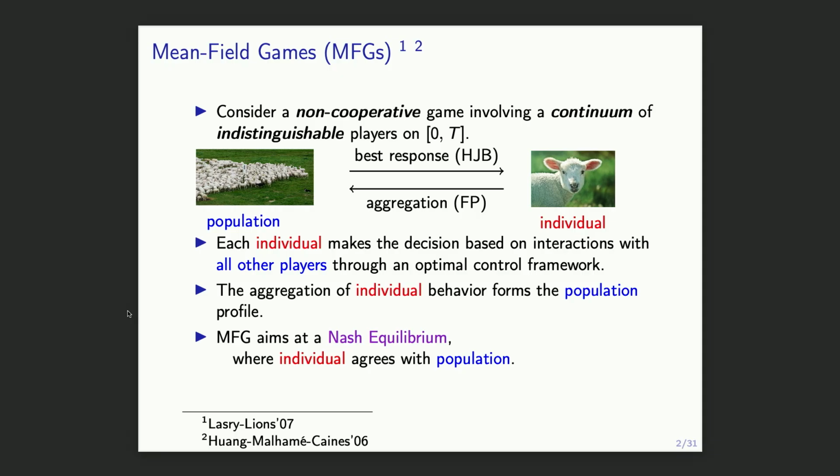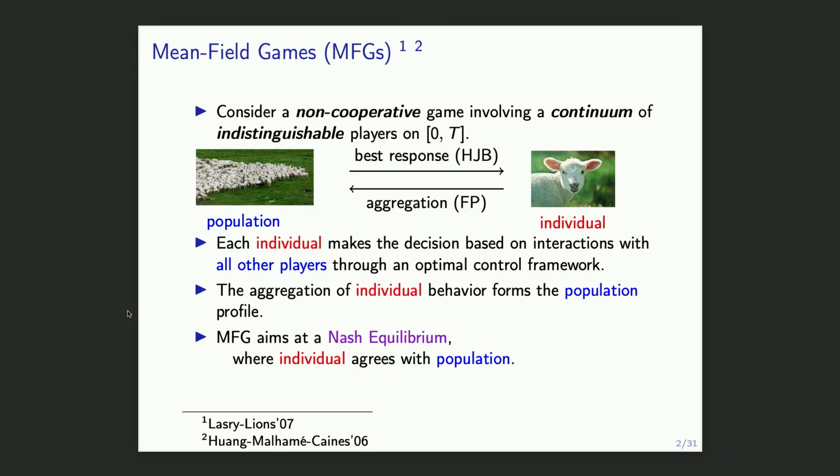But in the game, they are not cooperating with each other. Every individual is looking for some best response, some optimal control to minimize its own cost. And their cost actually depends on the population distribution. At the same time, if each individual is making some decision, then their aggregate behavior will reformulate the population distribution.